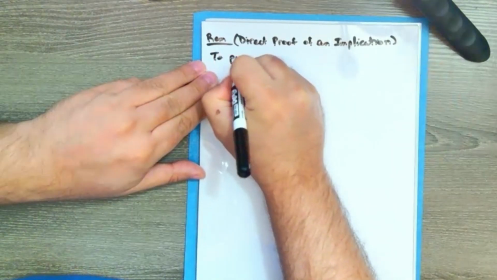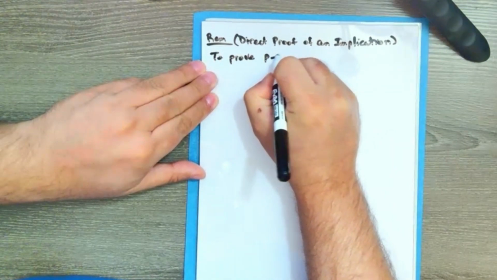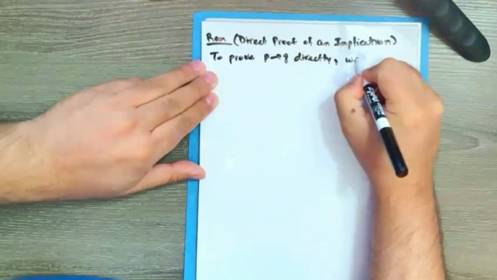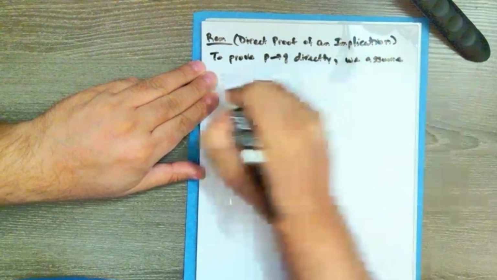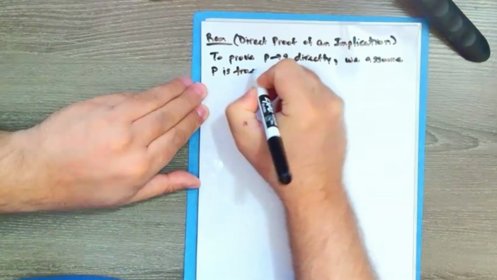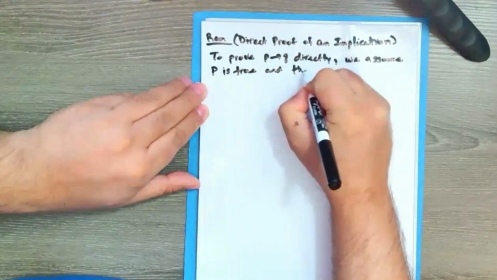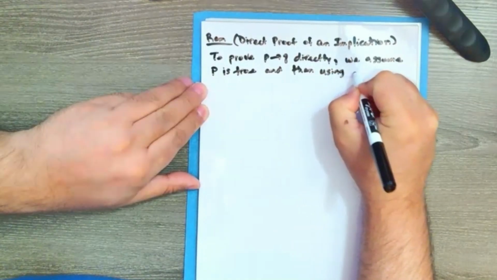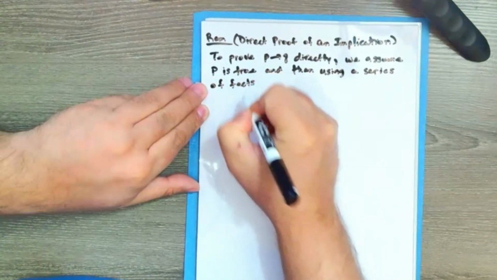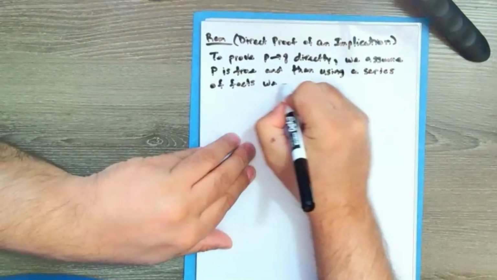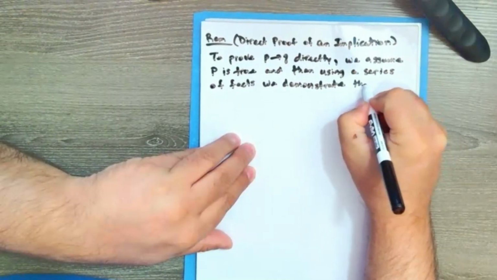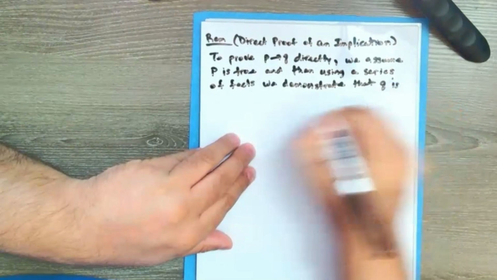So to prove the implication P implies Q directly, we assume that the hypothesis P is true, and then using a series of facts, we demonstrate that the conclusion Q is true.